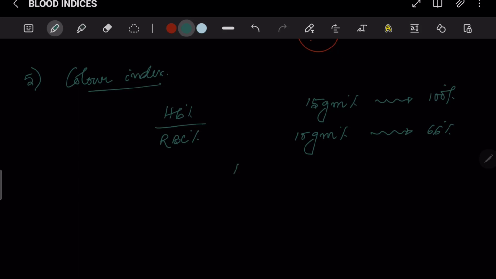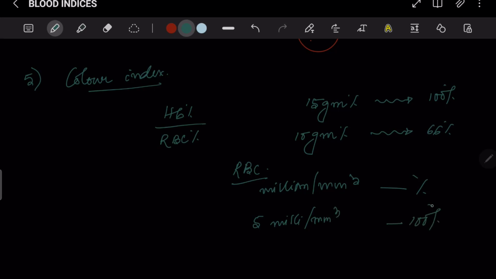RBC count in million per cubic millimeter is converted to percentage values. That is, 5 million per cubic millimeter is considered to be 100%.